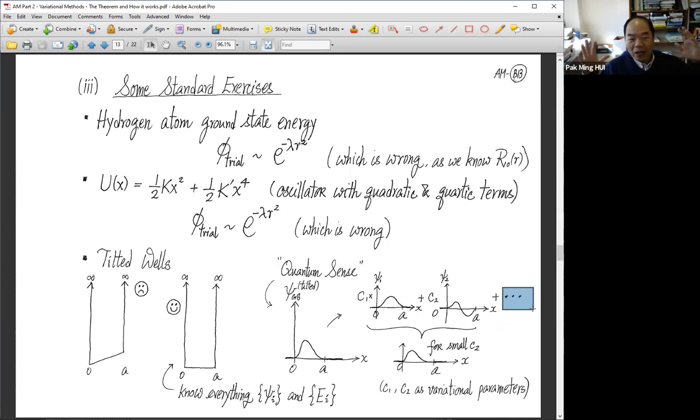So again, we encounter the same thing. The trial wave function will be a linear combination of functions, okay? And after you do that, you have several parameters that you can make use of in the trial wave function, as the variational parameters. So that is the idea, okay?